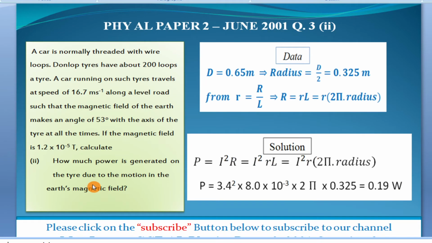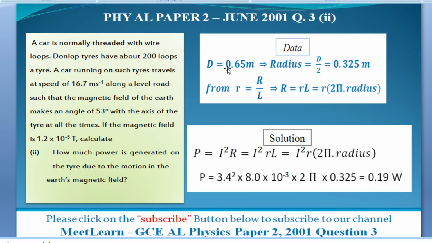Roman 2 says, how much power is generated on the tire due to the motion in the Earth's magnetic field? We have been given the diameter of the tire to be 0.65 meter, and we can get the radius. We'll actually work with the diameter. We could get the radius also by taking diameter over 2. And we've seen that the resistance per unit length is the resistance divided by length.